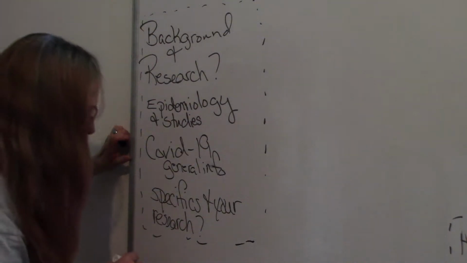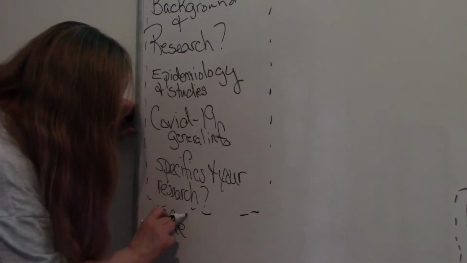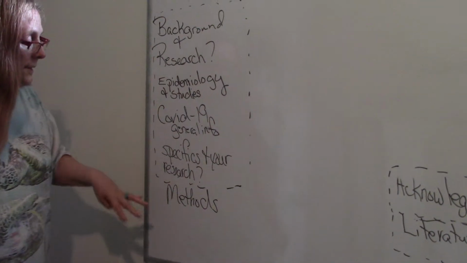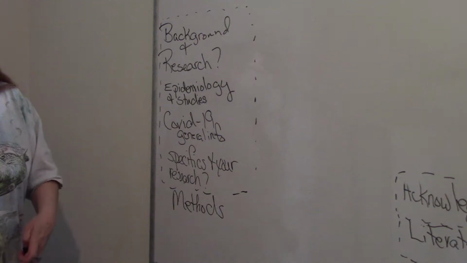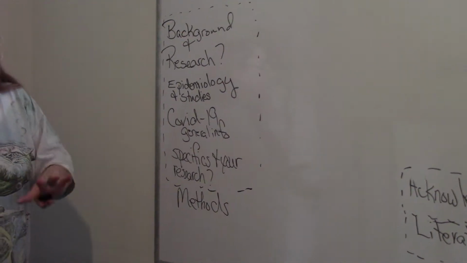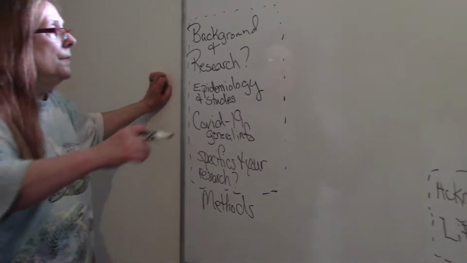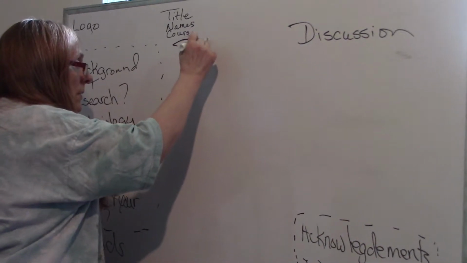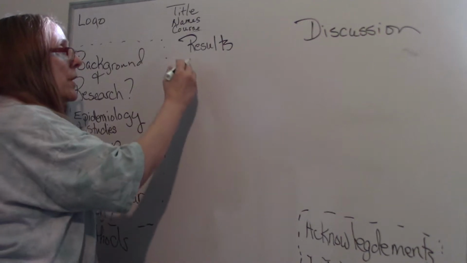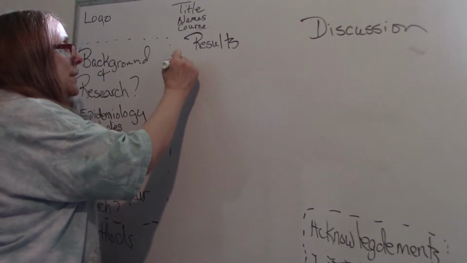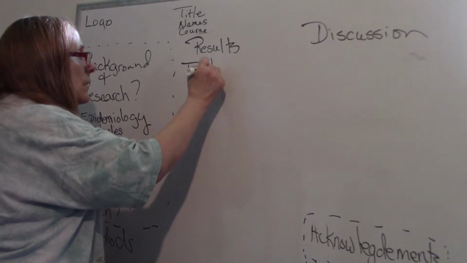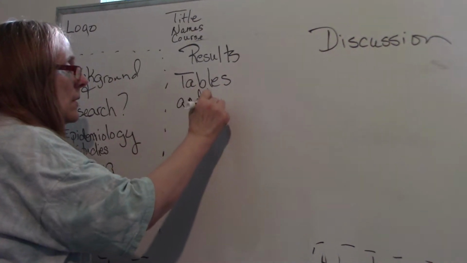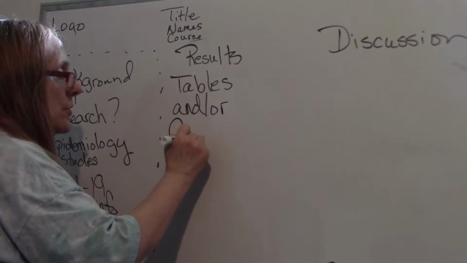Then you have your methods. And this is in past tense, paragraph form, what you did, very briefly. This center section should be for results. And this is where you can put tables and/or graphs or figures.